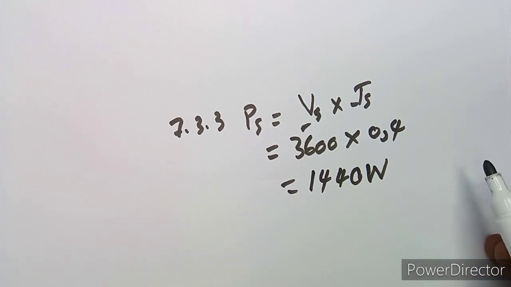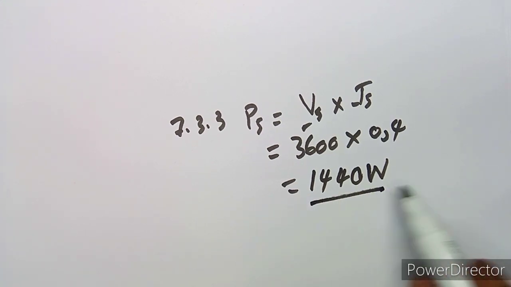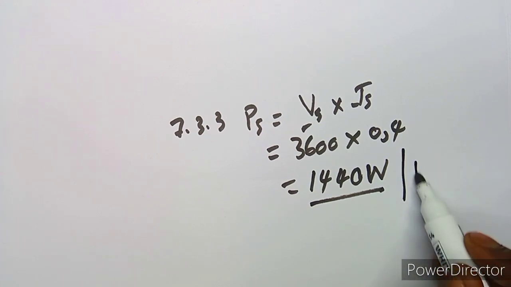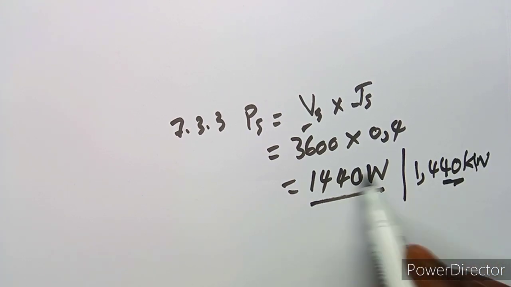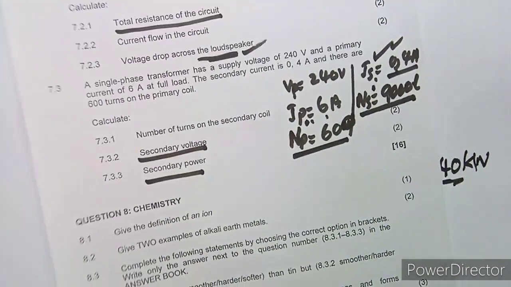Actual power is the one that you measure in kilowatts. So it depends on what you're working with, but that's our power. You can even write it in kilowatts if you want. So it's going to be 1.44 kilowatts, because you just divide by 1000 so that it is in kilowatts. So that's it, guys.